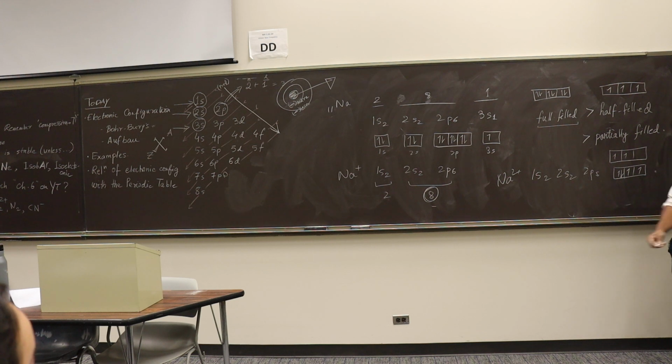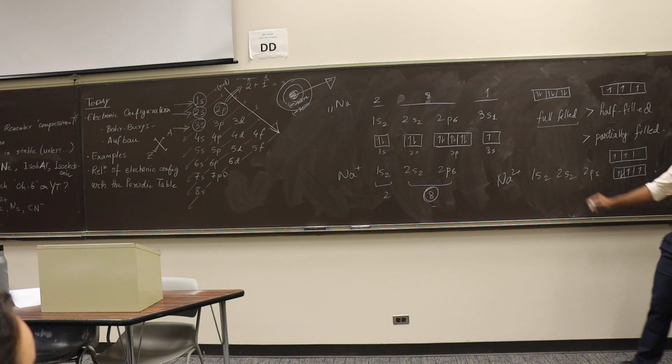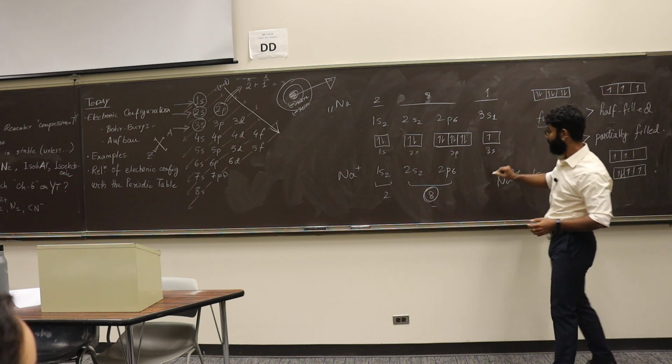I'll have Na2 plus. I'll have Na5 plus. But why does nature not have an Na2 plus? Generally. I don't know, there might be some weird things happening in some part of the universe. It's not going to want to get rid of an electron in the 2p.